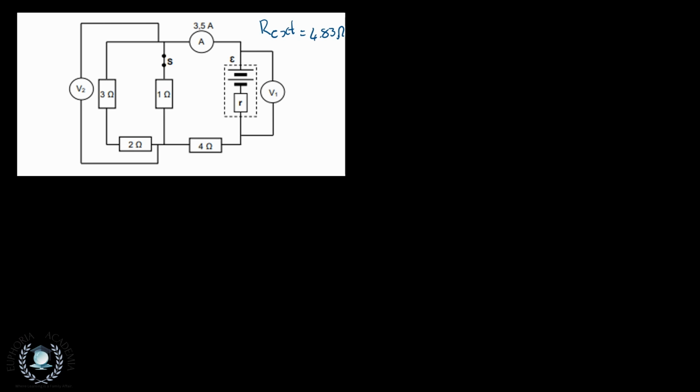All right, for question 8.2.2, we're asked to calculate the reading on voltmeter V1. Now, voltmeter V1 reads the potential difference across the whole circuit.